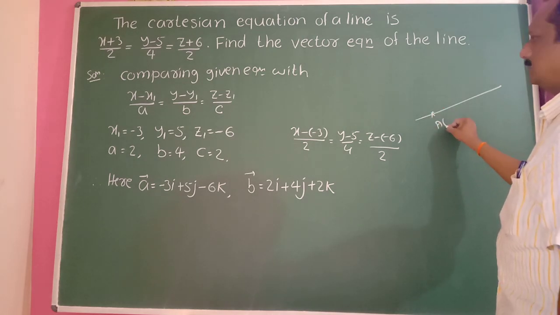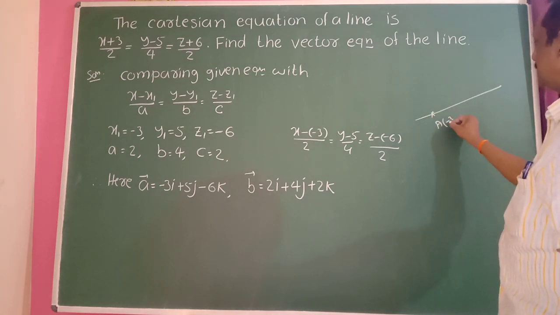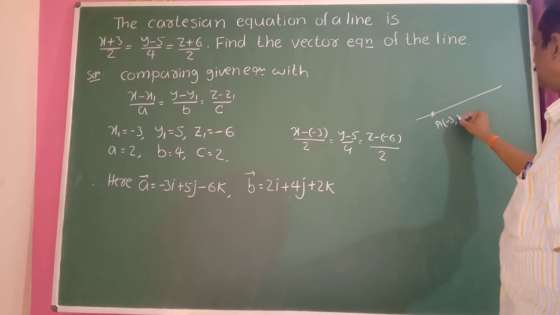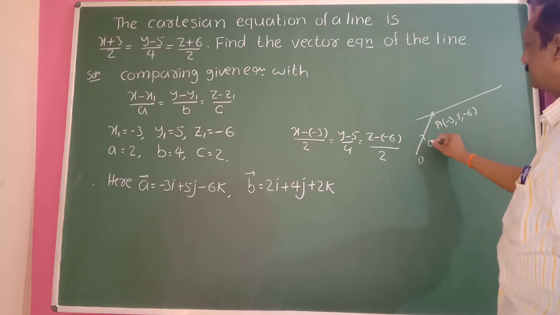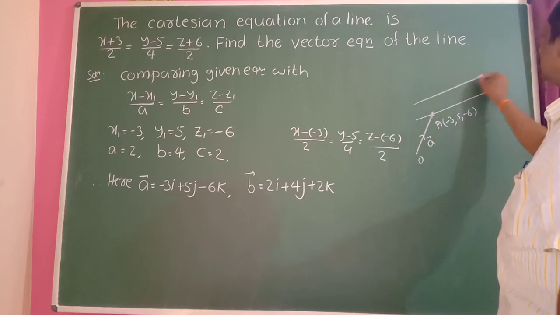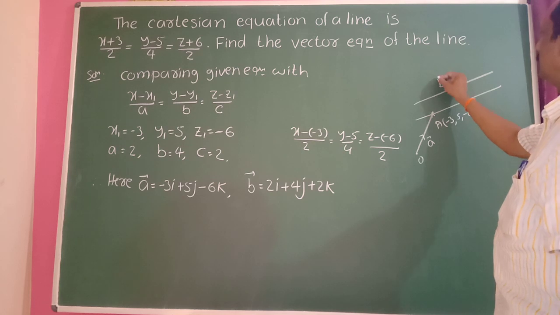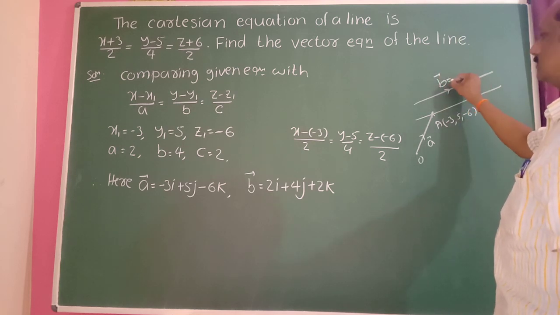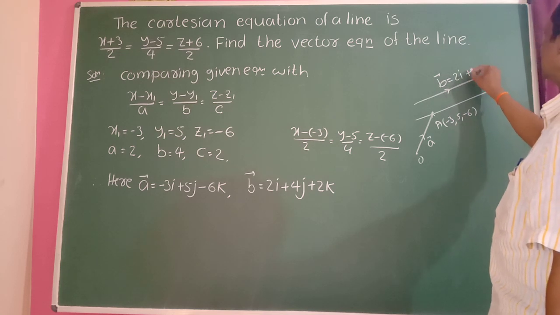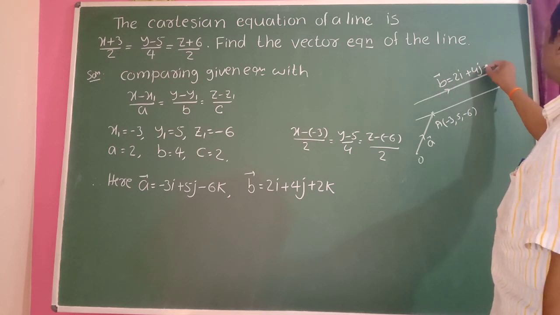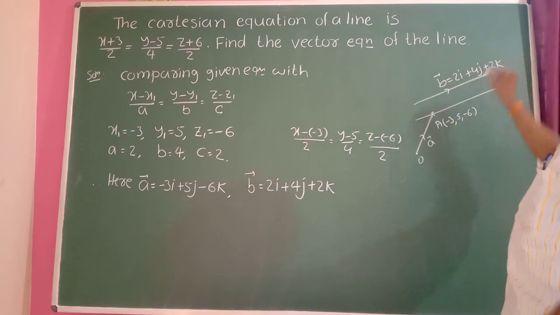Its coordinates are minus 3, 5, minus 6. Then its position vector is a bar. So this vector b bar is parallel to this line, so b bar is equal to 2i plus 4j plus 2k.